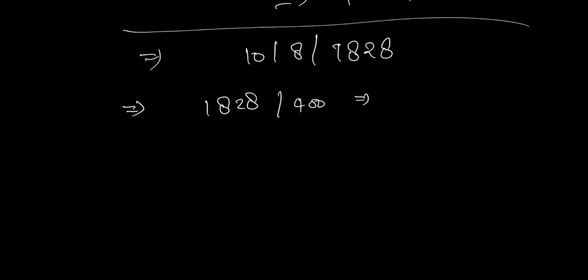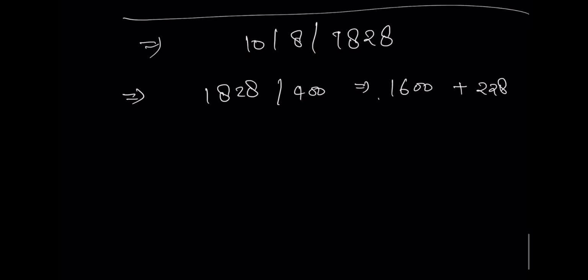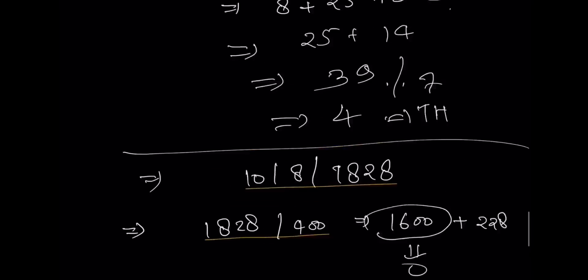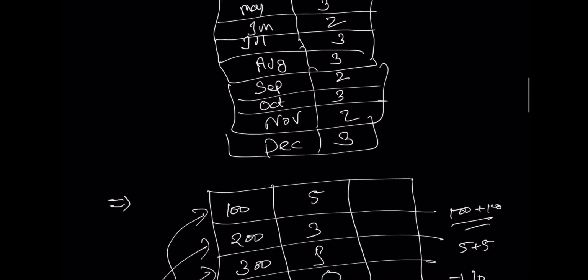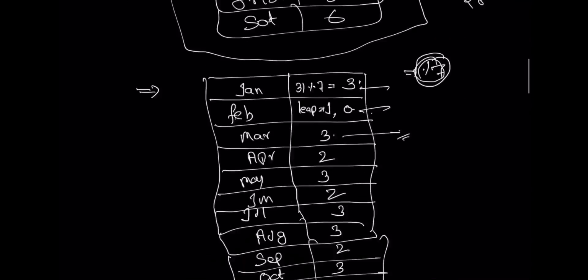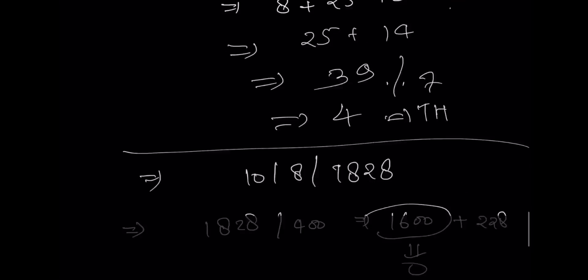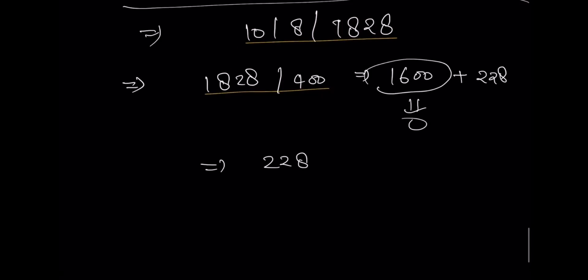What we get? 1600 plus 228. Until 1600 everything is 0, forget it. Now we have 228. Now we already calculated that for 200 the extra days are 3. So we're going to go ahead and make 200 extra days 3 plus we have 28.